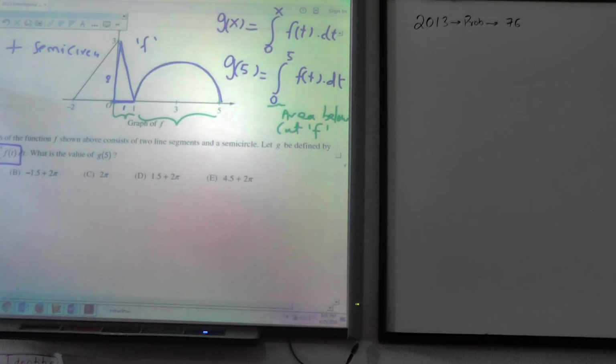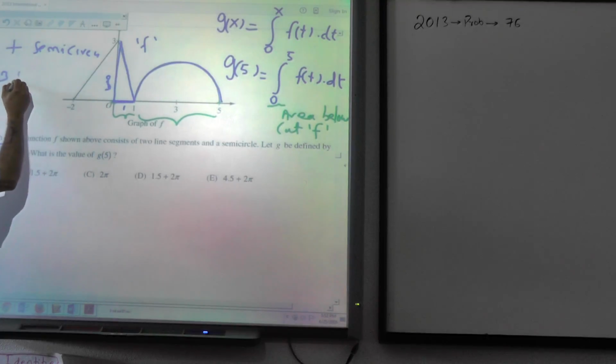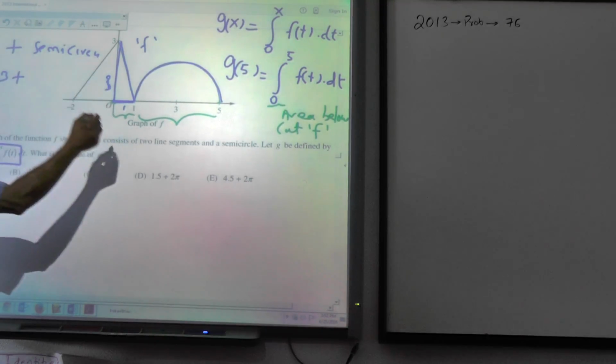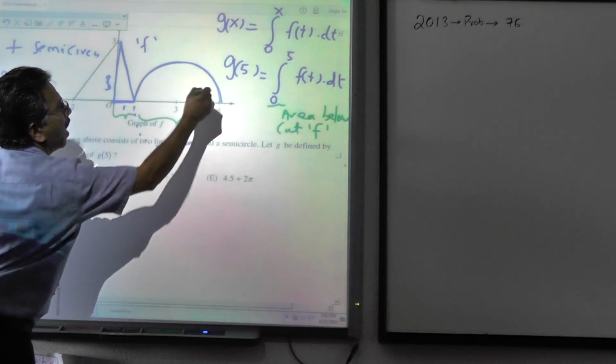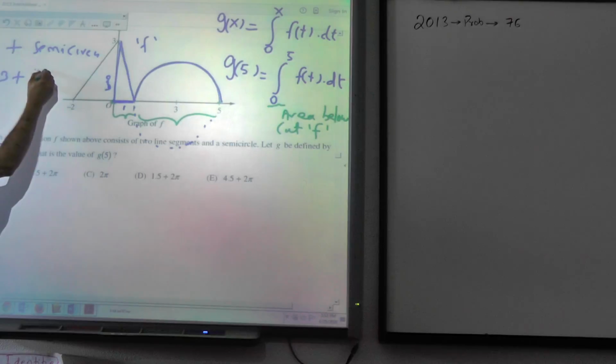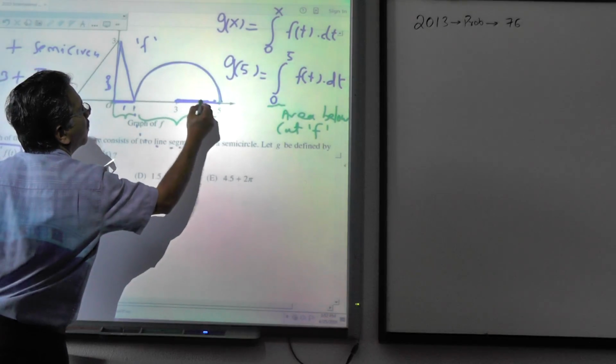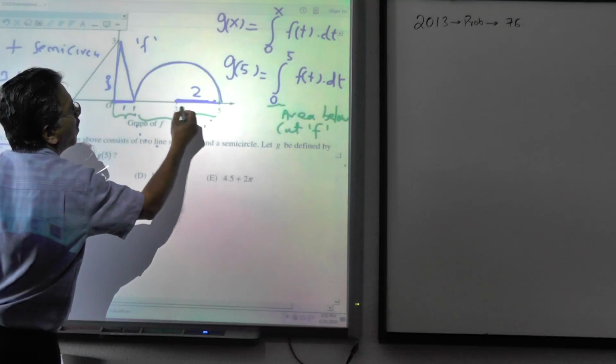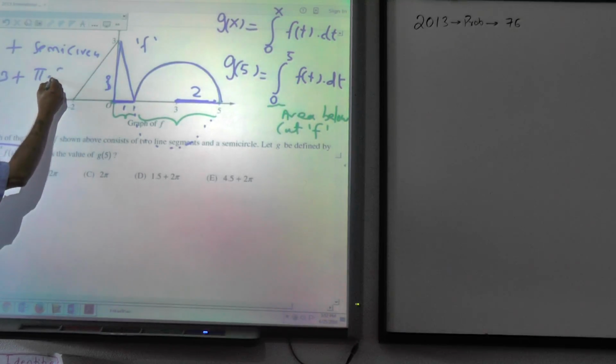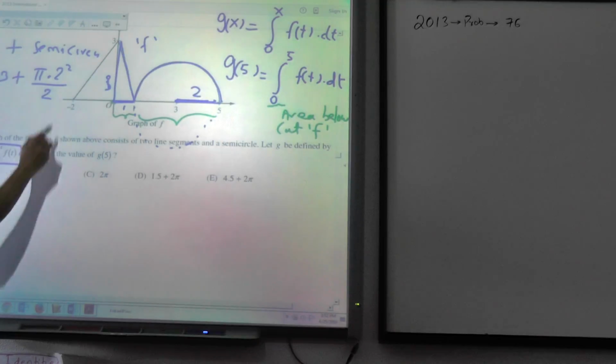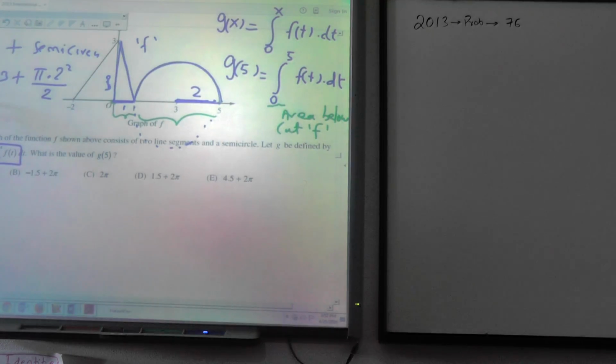The area of a triangle is half times base 1 times height 3. Plus the semicircle: if this was a whole circle, it would be pi r squared, and the radius here is 2, because 5 minus 3 is 2, so 2 squared. Because it's a semicircle, divide by 2, so you get 3 over 2 plus 2 pi.